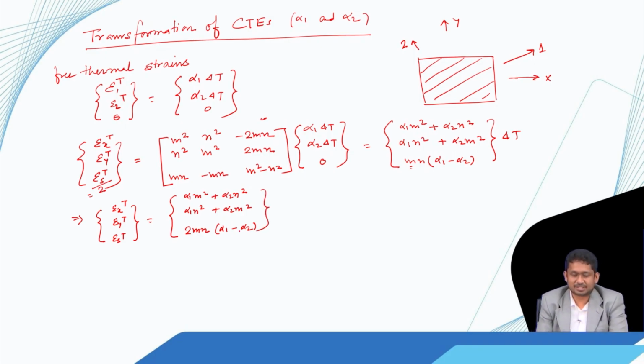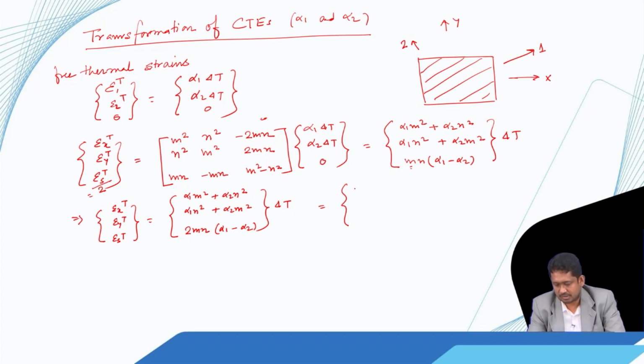Now, we can define quantities alpha x, alpha y and alpha s, so that if I multiply those with temperature I get this. So, this is equal to alpha x, alpha y and alpha s multiplied by temperature.